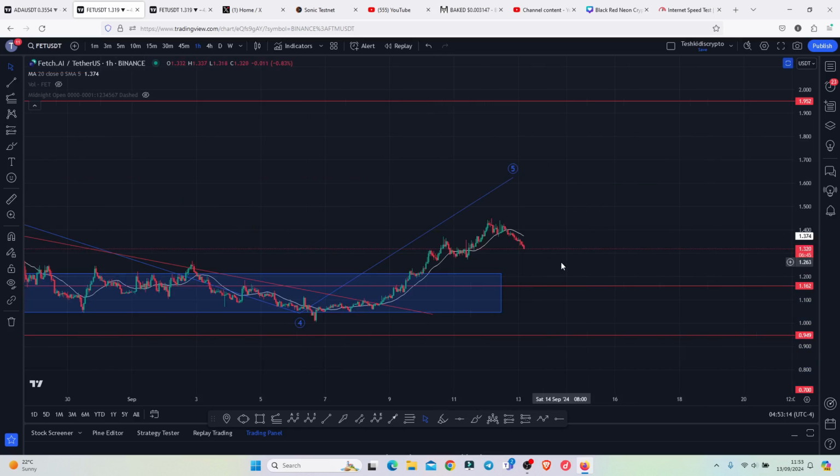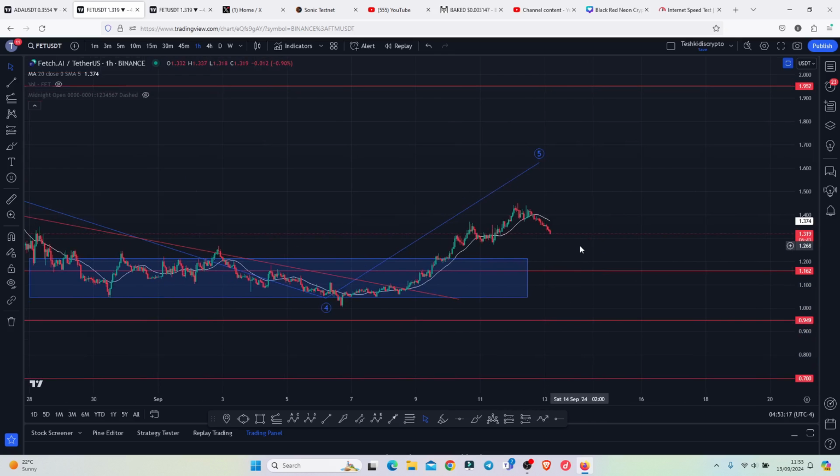But we also need to have in mind that in that wave count 5, which is an impulsive wave, we also need to see a 5-wave structure also play out within that wave count 5.